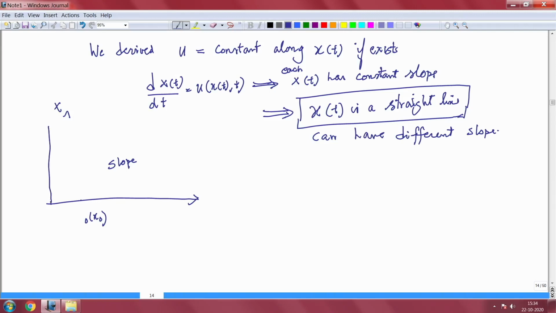You have your curve here, and here you have your value of u. This is the point x naught, the value of u at x naught is u naught of x naught. You have to understand t in this direction.